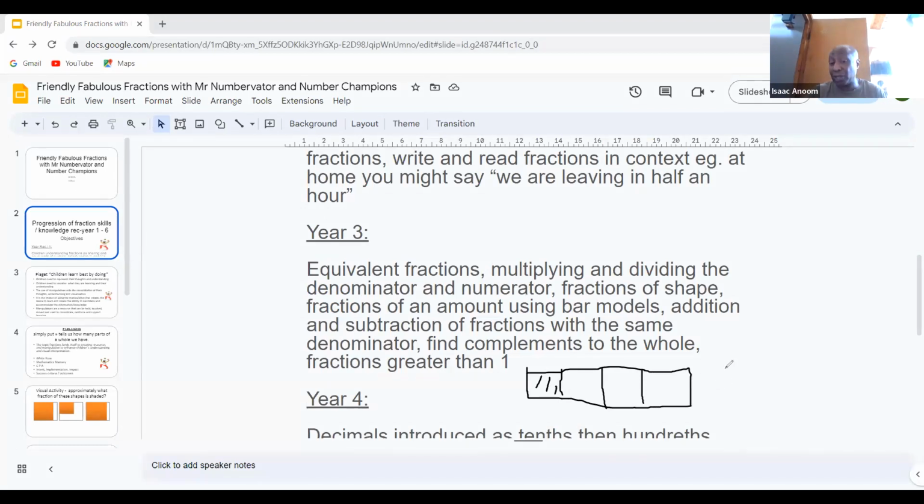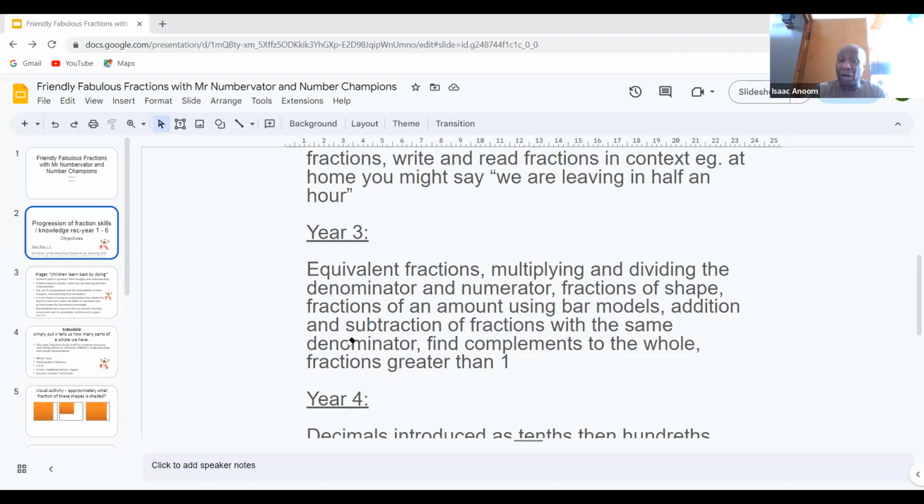I've taken 1/4, I've taken 1 out of 4 parts. So the denominator is telling us the number of equal parts, and the numerator is how many of those equal parts we are going to have. That's what we mean by bar modeling, the rectangular bar, and so on and so on.